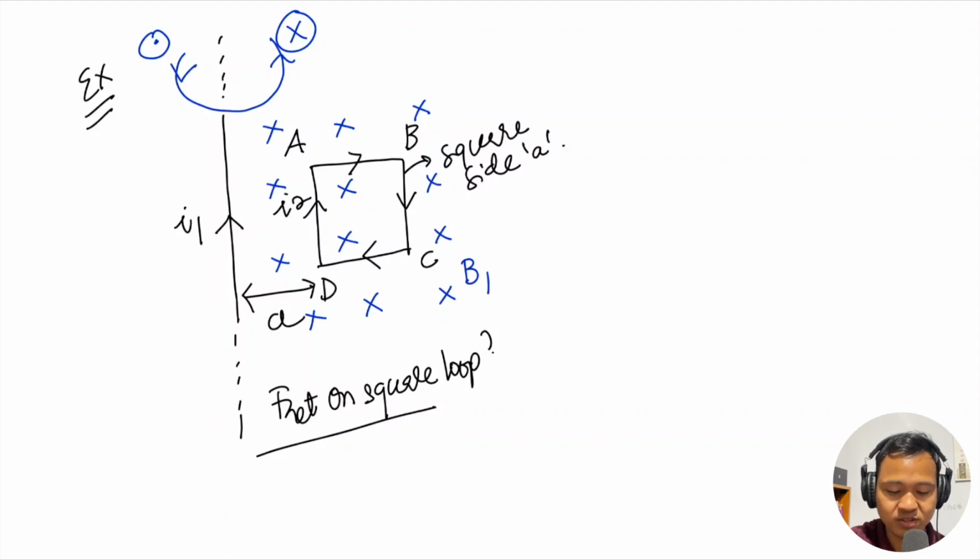So this B is due to the first wire: mu naught into I1 divided by 2 pi into A.